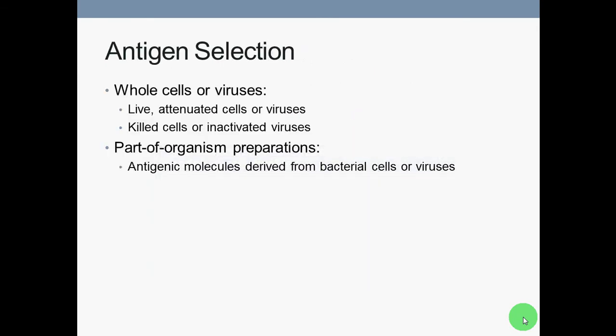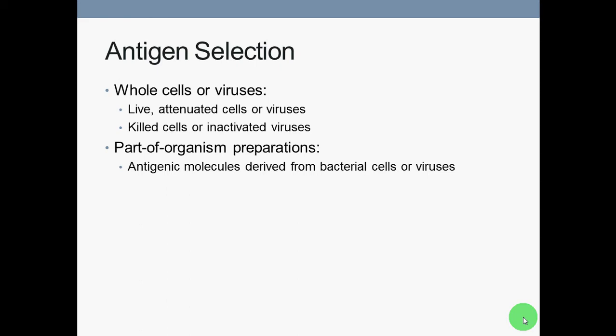When selecting an antigen, again, I'm going to go through some of the different key things that make a good vaccine. When selecting an antigen to use in a vaccine, we think back to what makes a good antigen. Well, a whole bacteria or a whole virus is going to make a very good antigen because it is unique to that pathogen. So some vaccines use live attenuated cells or viruses.